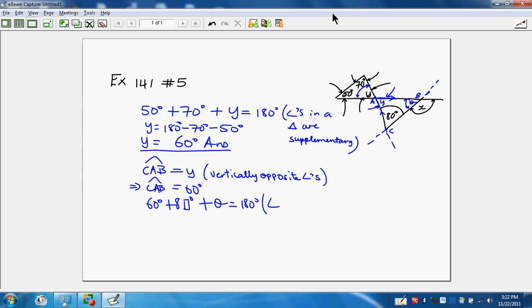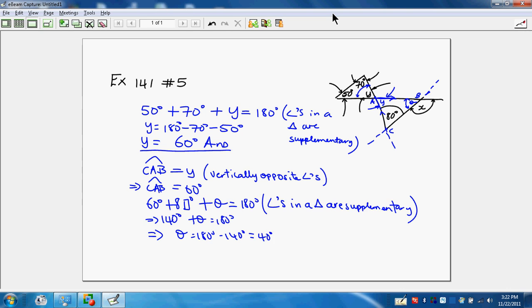And you could write that angles in a triangle are supplementary. So it means therefore that 60 plus 80, which is 140, plus theta is equal to 180 degrees. And therefore we could find that theta will be 180 minus 140, which is equal to 40 degrees.